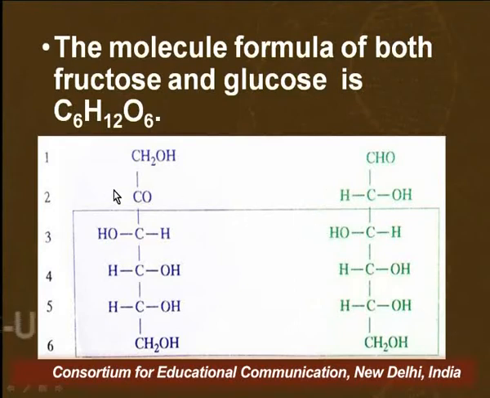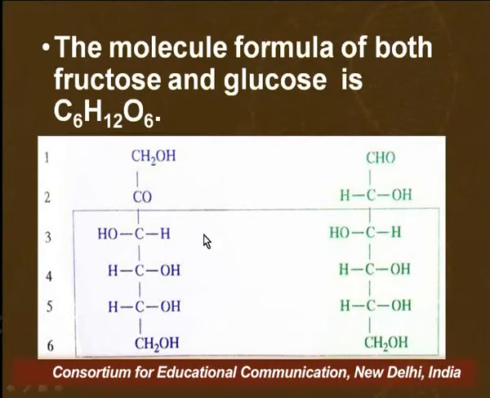So fructose is a ketohexose and glucose is an aldohexose. We find that these two molecules differ in configuration at only the first 2 carbons. In glucose we have a CHO group, and at the second position in fructose we have a ketonic group, that is the carbonyl group, and here we have a secondary alcohol, that is the CHOH group.